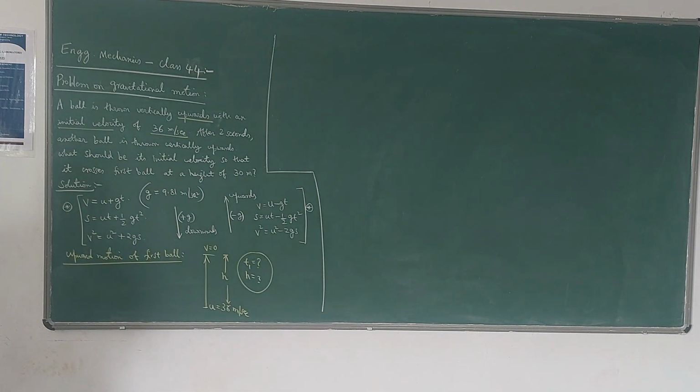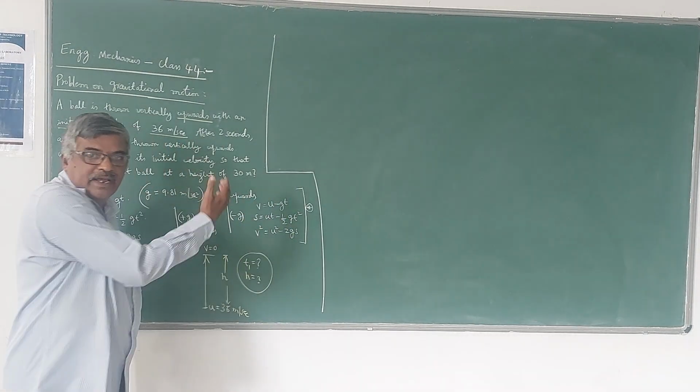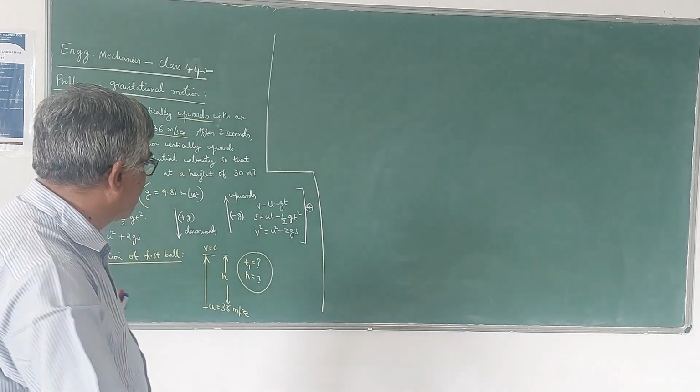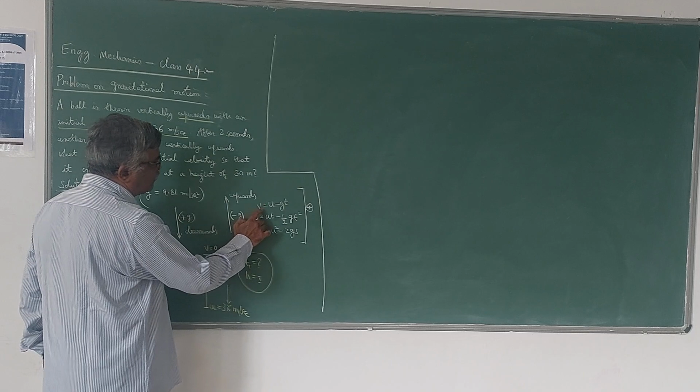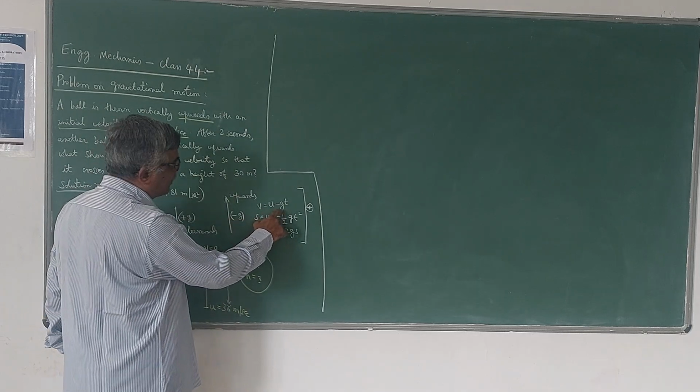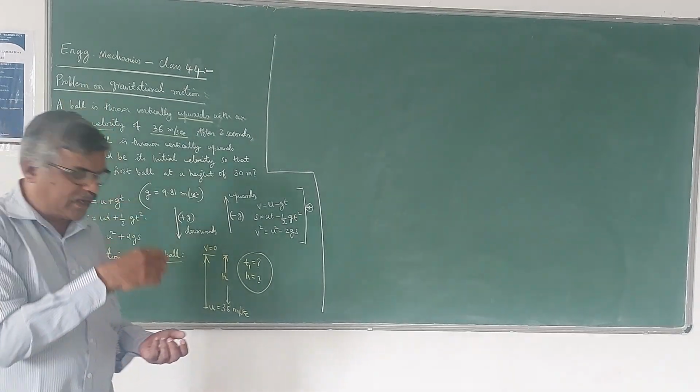Now this is the first thing. I will use these equations because this motion is upwards against gravity, so g is negative. Let me use the first equation because v and u you know. The g value is 9.81, and t is nothing but t1, the time taken by the ball to reach height h.